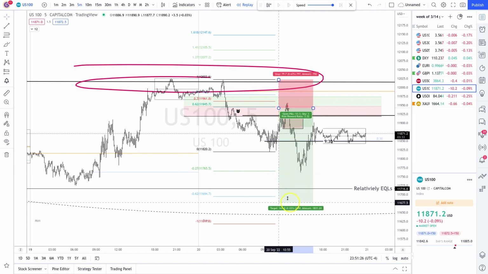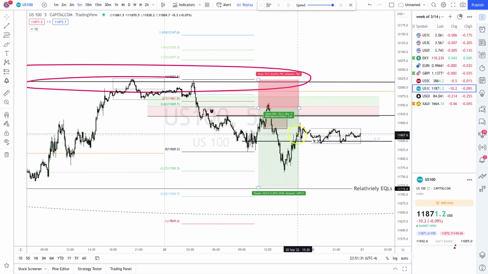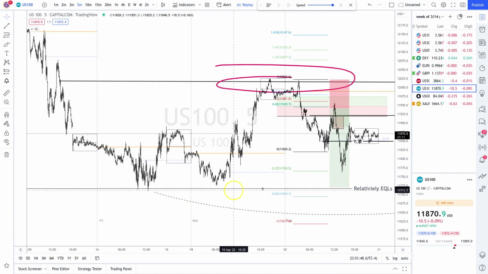Or if you were banking on price reaching these equal lows, and this is maybe 1 to 2.5, maybe you take 25% off at your first target, and then another 25% off here, and then maybe you were banking on another 25 here, and then maybe here. I'm sure this aligns with some type of PD array to the left.